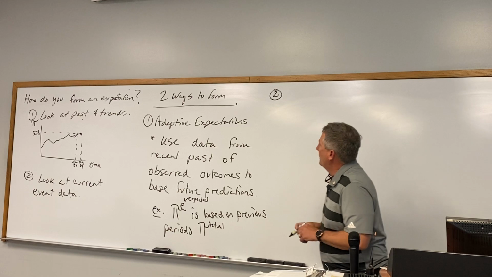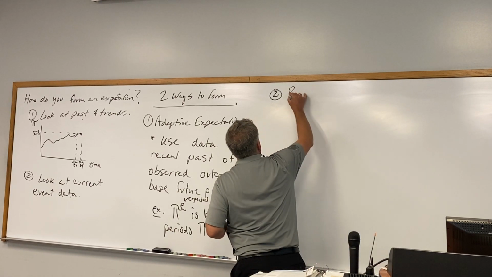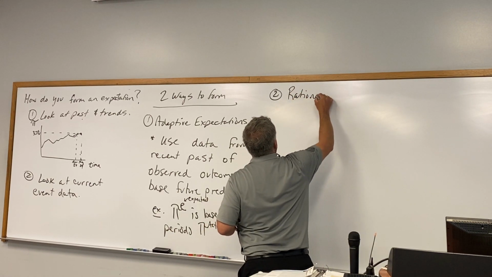And then number two is what's known as a rational expectation.